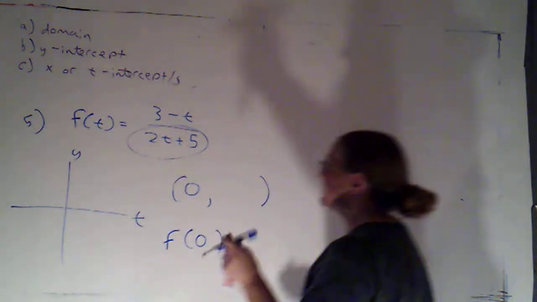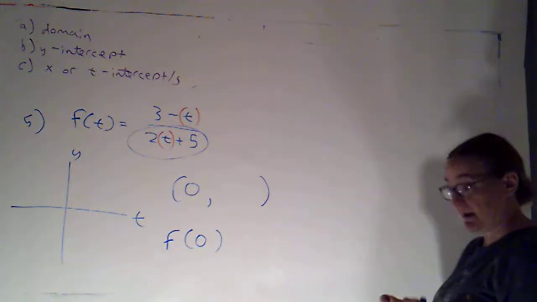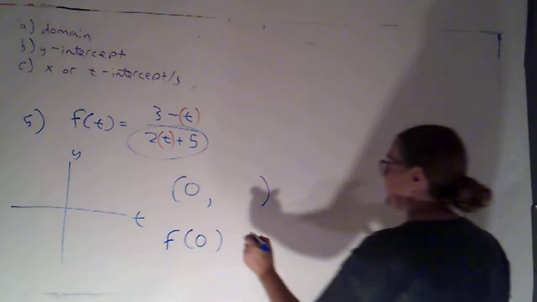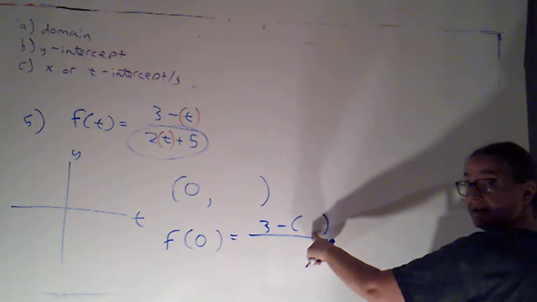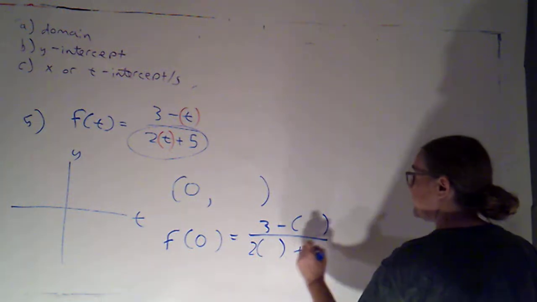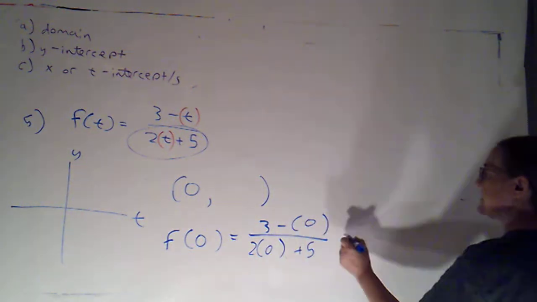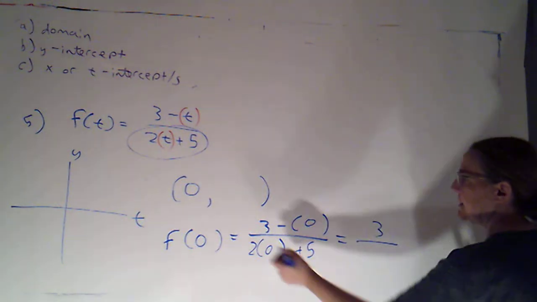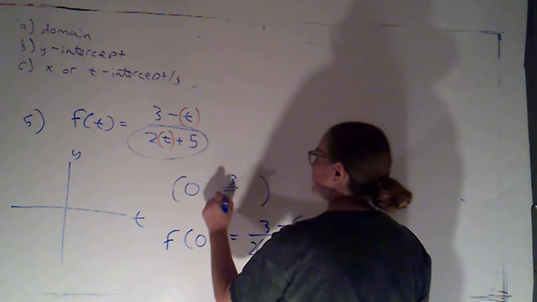Now, since there are t's in two places, there are going to be two places where I'm plugging in 0. So we'll have on top 3 minus my input. On bottom 2 times my input plus 5. And our input is just 0. So on top we get 3 minus 0. On bottom we get 0 plus 5. And so we get 3/5.